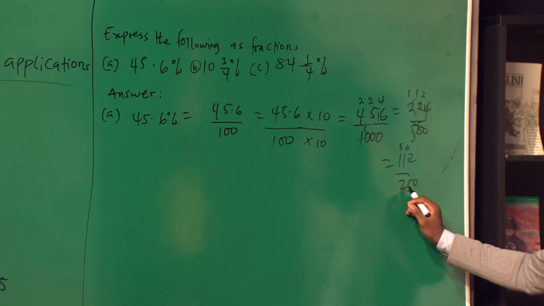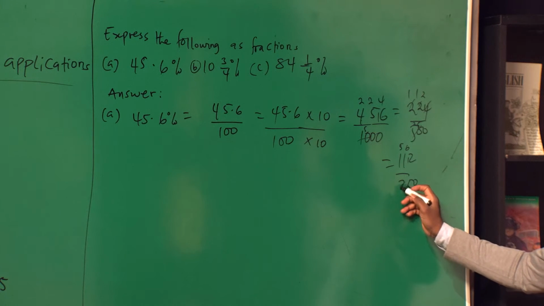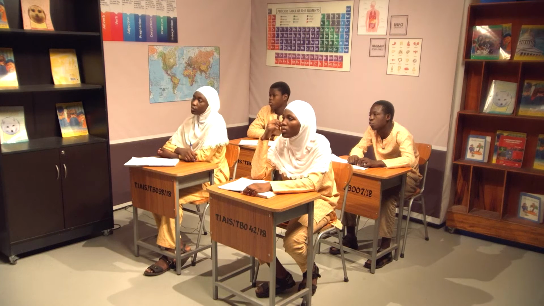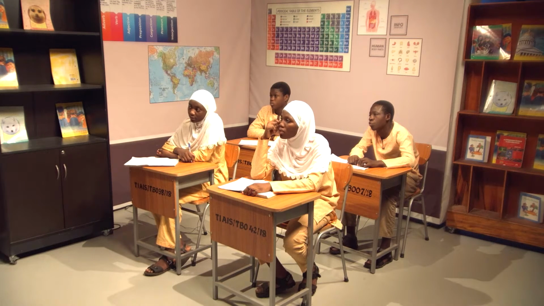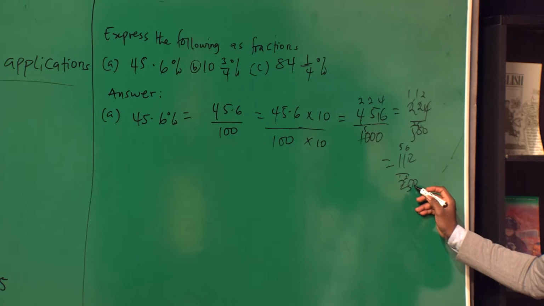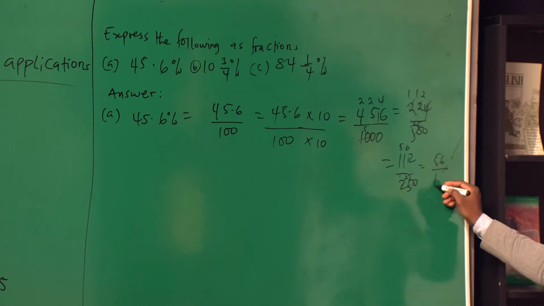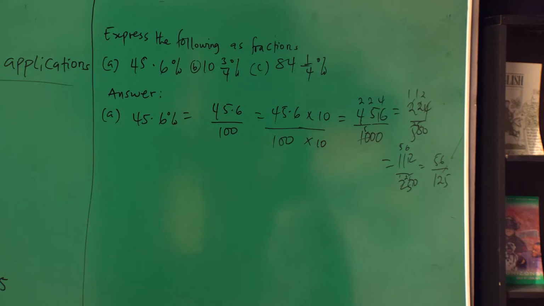Then 2 into 250, into 2, you get 1. Then 2 into 5, you get 2 remainder 1, so you'll be having 10. Into 10? 5. So your final answer is 56 over 125. So if you are reducing 45.6 to a fraction, then you end up with 56 over 125.